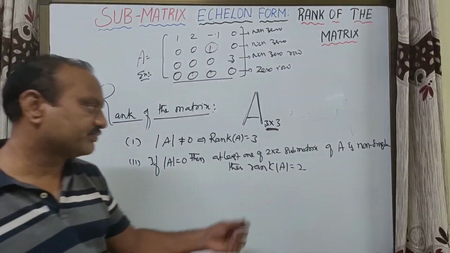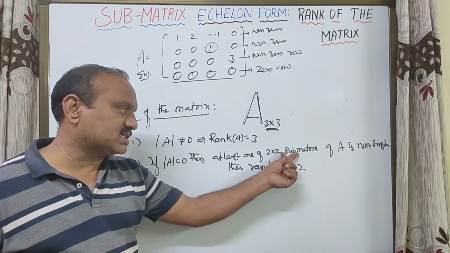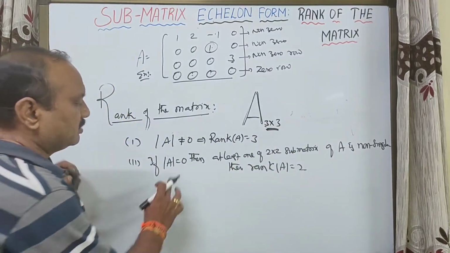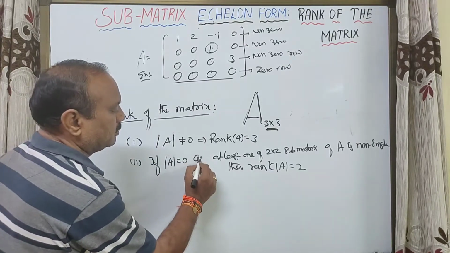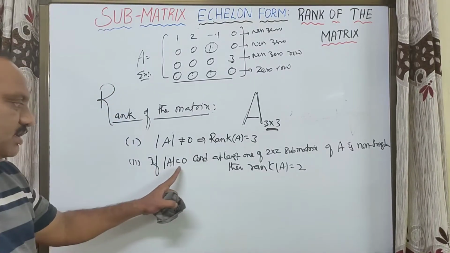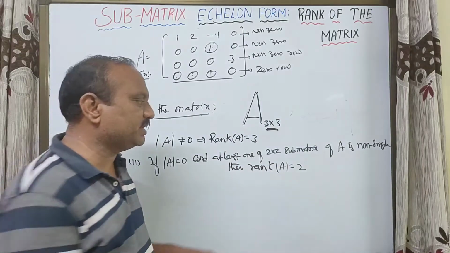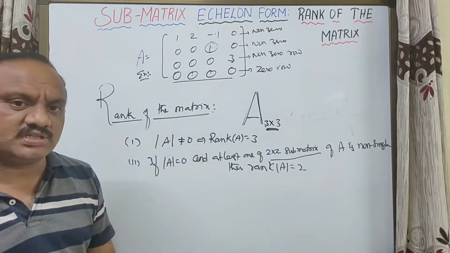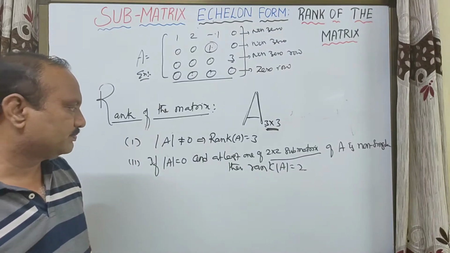Students, 2 by 2 submatrix of the given matrix of order 3 by 3. And if det A equals 0 and at least one of the 2 by 2 submatrices of A is non-singular, then rank of A equals 2.